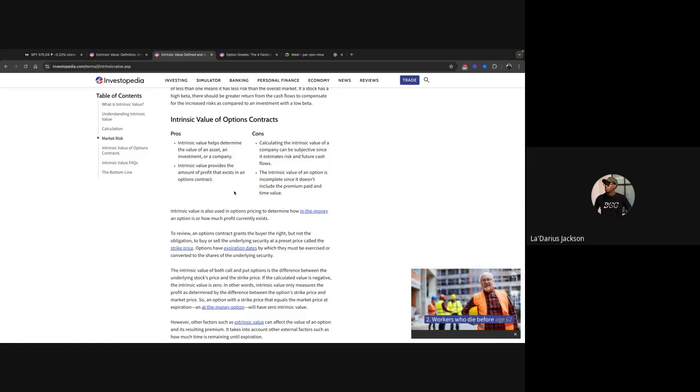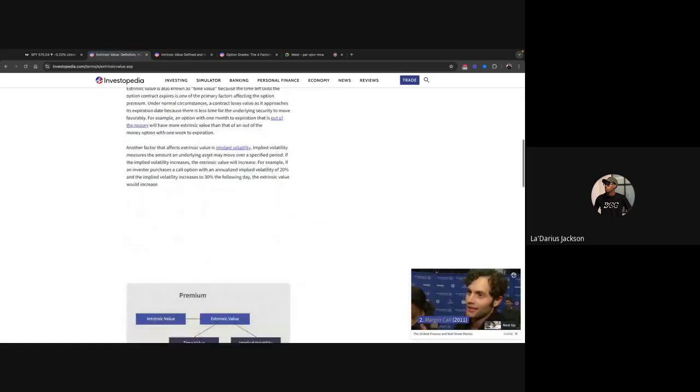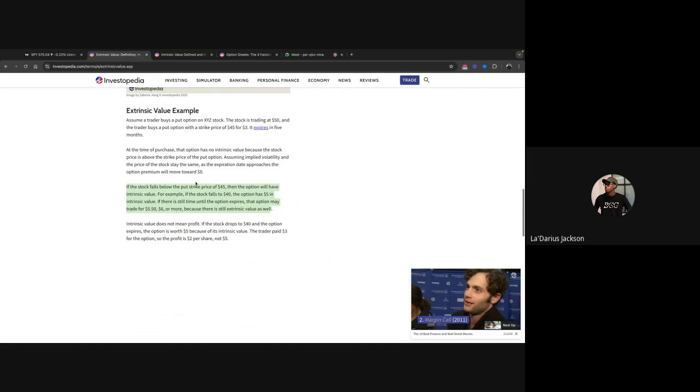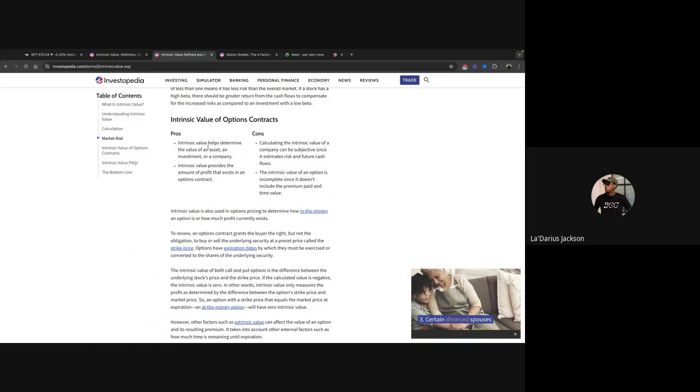So, like we read here, this is where it can get a little confusing. Intrinsic value does not mean profit, but it helps determine the value, right? And also provides the amount of profit that exists in the options contract. So it's the amount of profit that exists, but it's not saying that it's actual profit itself. Does that make sense?